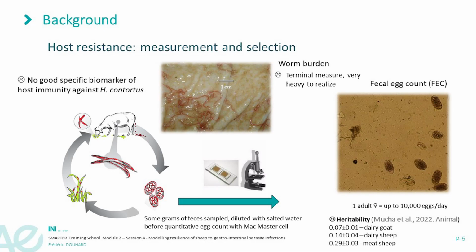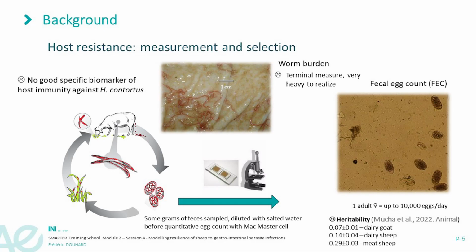It's called a McMaster cell. Basically, it's a grid, and you count the number of eggs for each range of the grid. This will reflect the total number of eggs that you can have for a particular sheep.